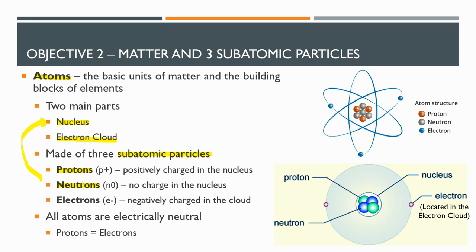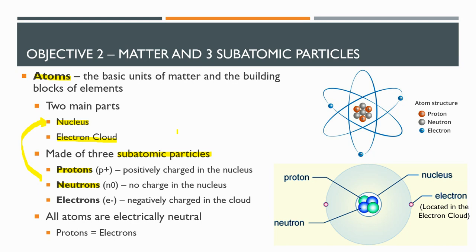Protons have a positive charge. This is the symbol used to represent it. Protons are positively charged, and neutrons are neutral. They don't have a charge at all. Both are found in the nucleus, and it's these two particles that give the atom its mass.